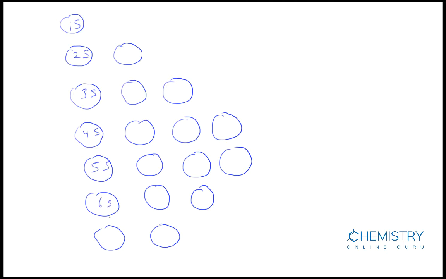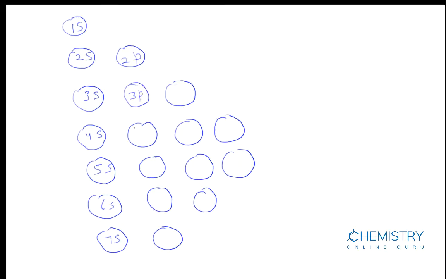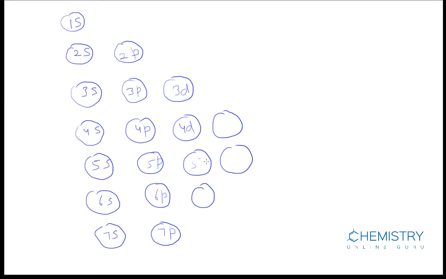5s, 6s, then 7s. In the second row, 2p, 3p, 4p, 5p, 6p, then 7p. In the third row, 3d, 4d, 5d, 6d.